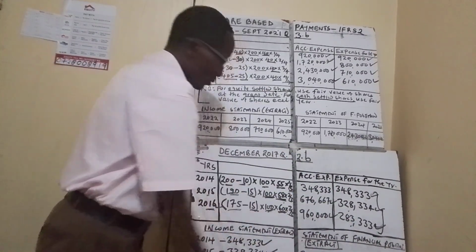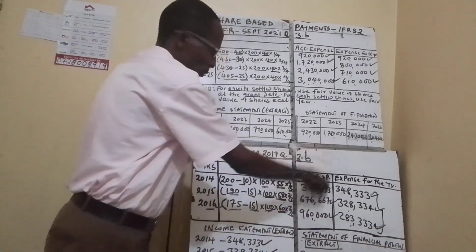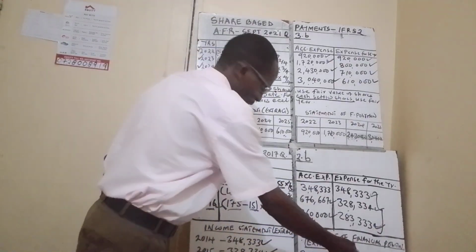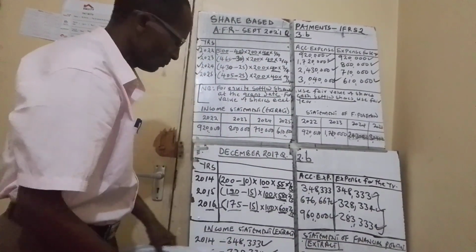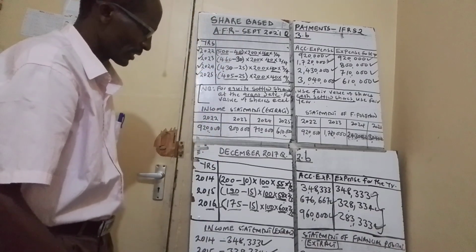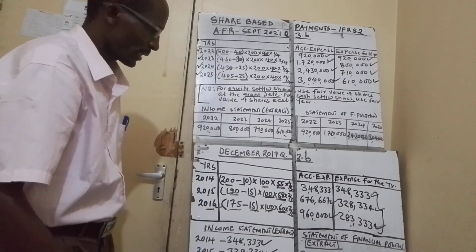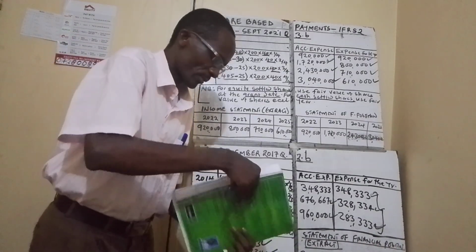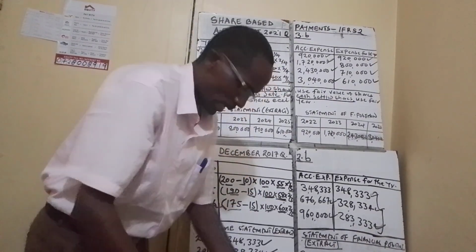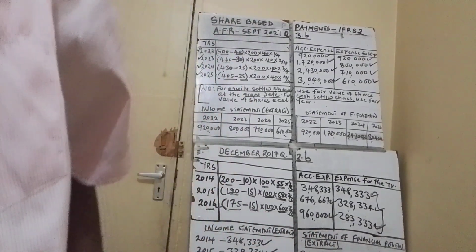Then for the statement of financial position extract, these are the accrued figures which will appear there: 2014, 348,333; 2015, 676,667; and 2016, 960,000. That is how it will appear in this particular account. I don't know whether you saw that one well.